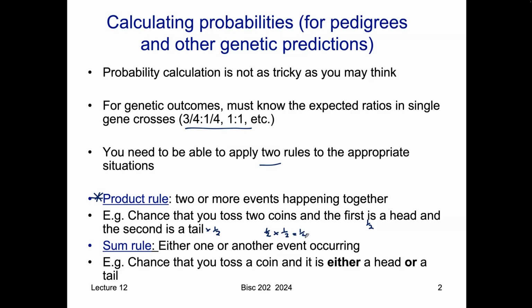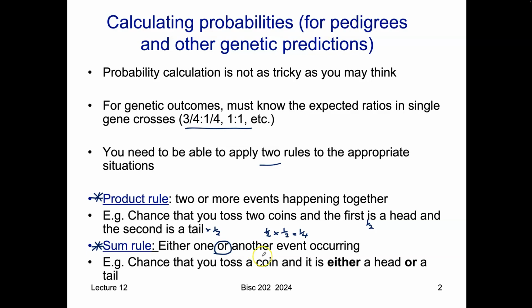Now, depending on the kind of question, you may have a way of checking your answer, and I'll show that in the next example. So the second rule is the sum rule. You add up the probabilities when you're trying to figure out the probability of one or, "or" is the key word here, another event happening. So the chance that you toss a coin and it's either a head or a tail.